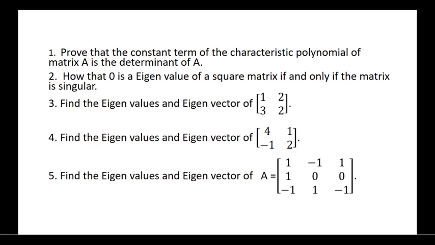So the eigenvector corresponding to lambda is equal to -1 is the column matrix [-2k; k]. Like this, we can find the eigenvectors. Similarly, for these problems also, eigenvalues and eigenvectors we can find.